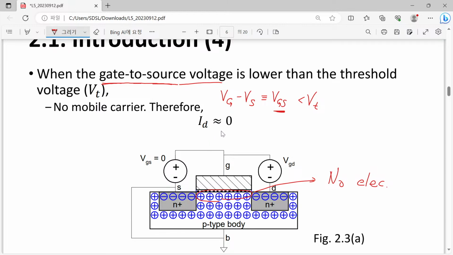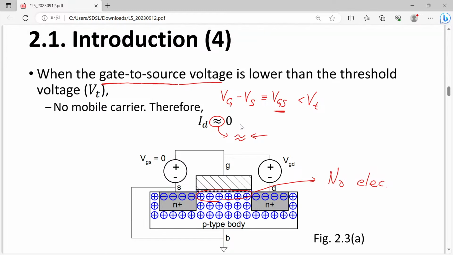Although that is quite small, I don't want to write it down exactly with an equality sign. Instead, I want to introduce this similarity sign, and actually this is quite important. In a rough sense, if we have the subthreshold region, where gate voltage is lower than threshold voltage, then current is quite small.